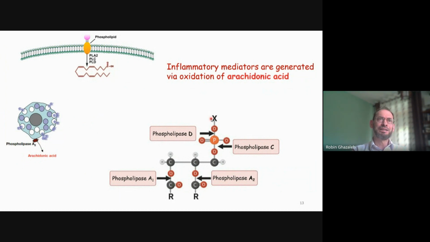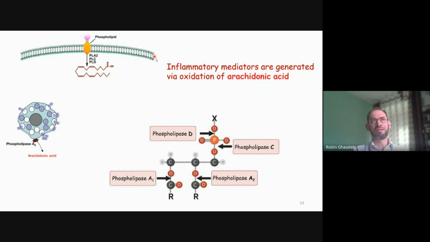Arachidonic acid is commonly found in phospholipids. You studied before that the cell membrane lipid is made up of phospholipids, and this is the lipid bilayer. All the hydrophobic lipid parts are on the inside, and on the aqueous surfaces, in green for this example, those are the phosphate groups.